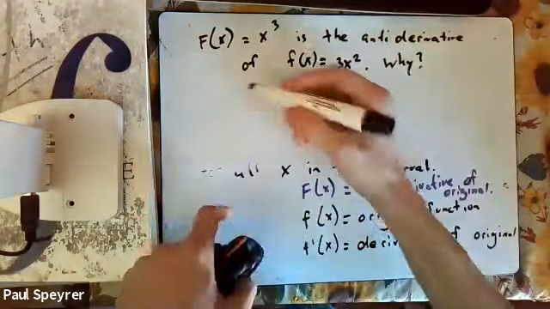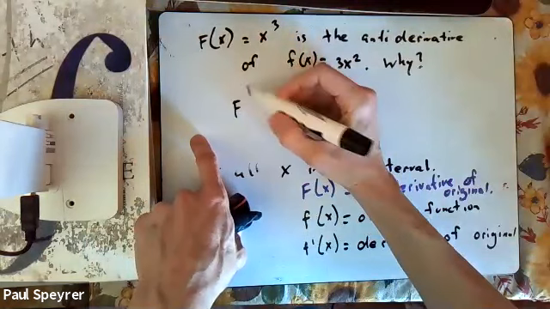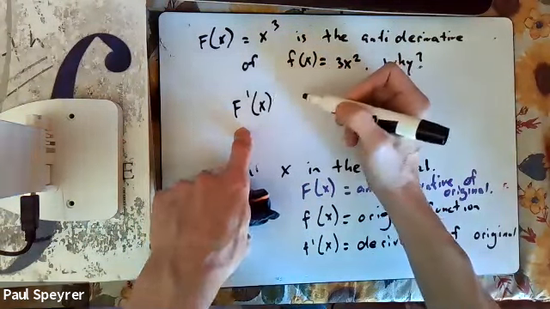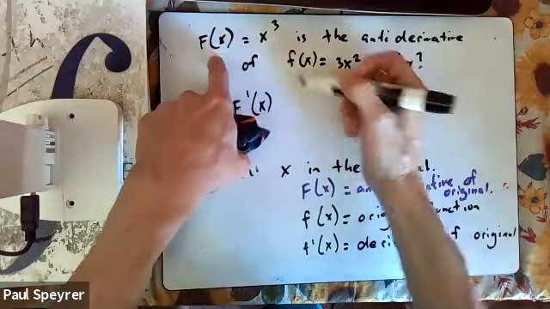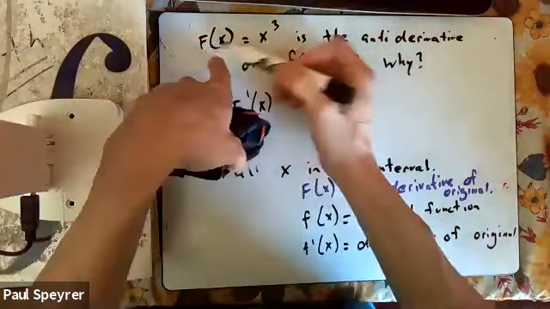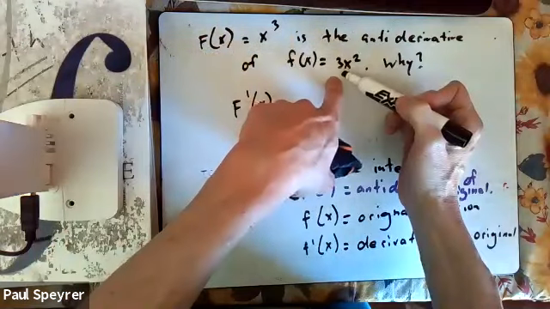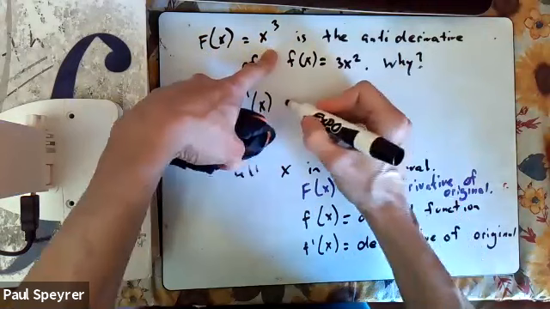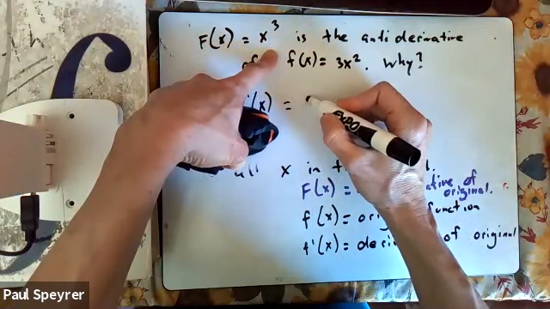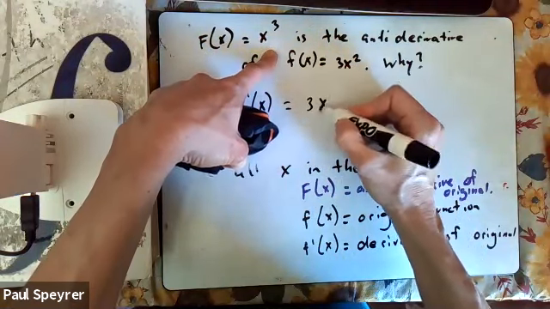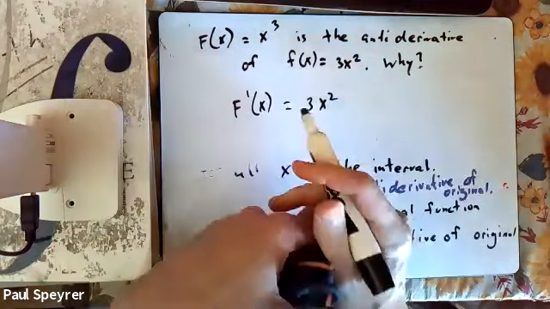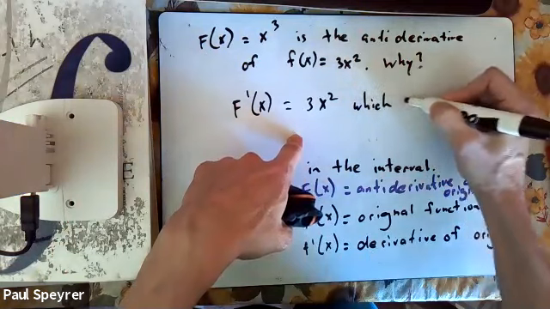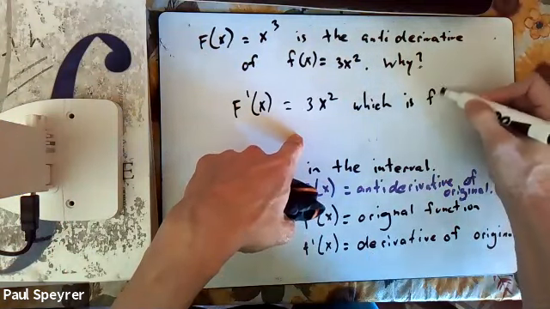Well, remember, big F of x denotes the antiderivative of this function right here. So if I were to take the derivative of x cubed, we would get 3x squared, which is f of x.